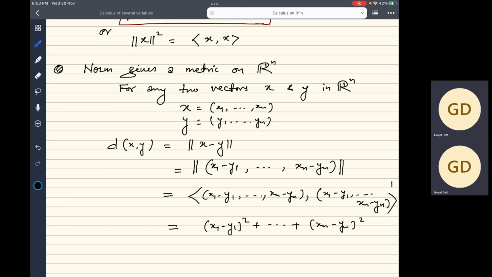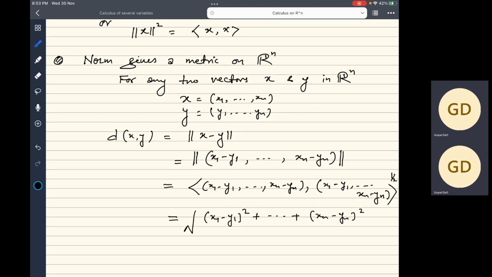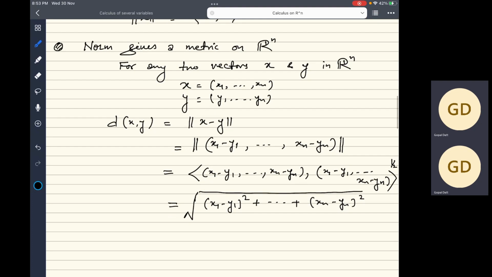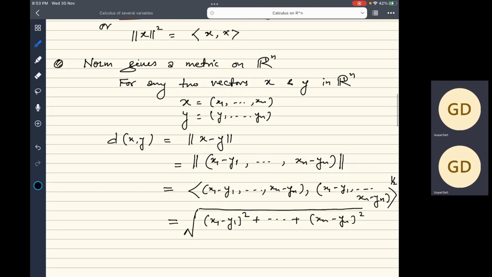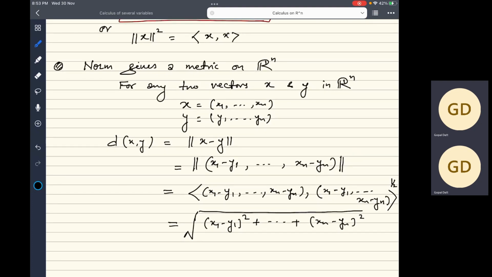I forgot one thing. Here we will use the square root, so we get this. So in this way, we get a distance from a given norm.